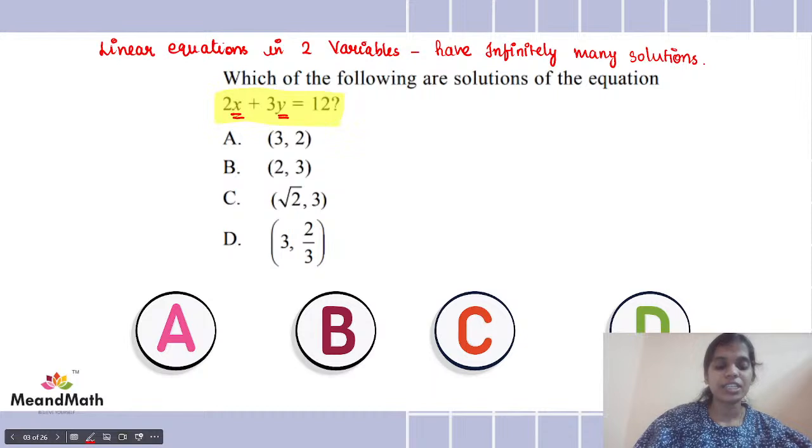Because a linear equation in two variables states that this equation can have more than one answer, which is why they are making it clear that they are the solutions.